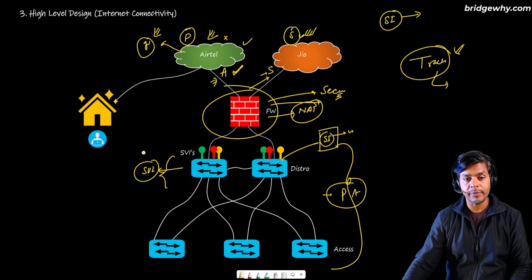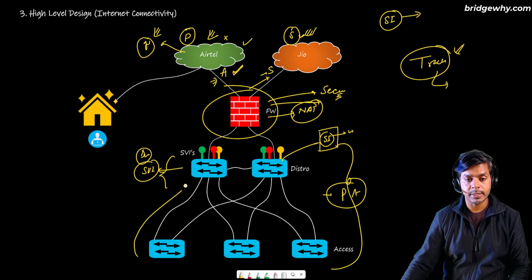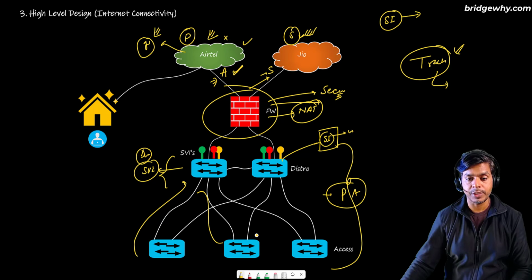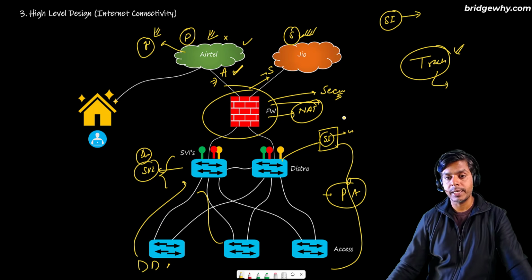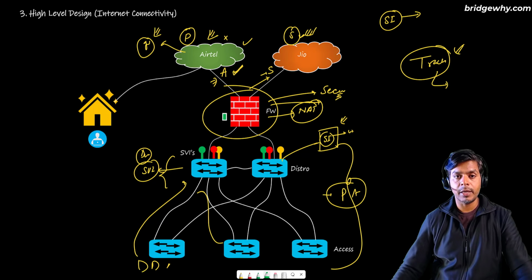We can definitely connect the DHCP or DNS here, because these can be accessed by the access switches or the devices connected to them, right? But suppose we have connected a Sports India server right here. It means that we will be inviting somebody from outside, or the internet, to get access to Sports India, right?